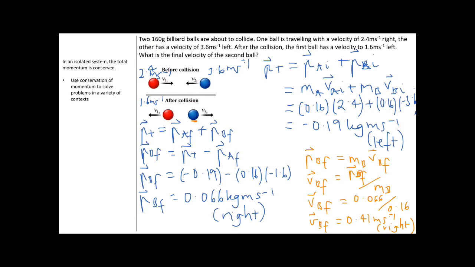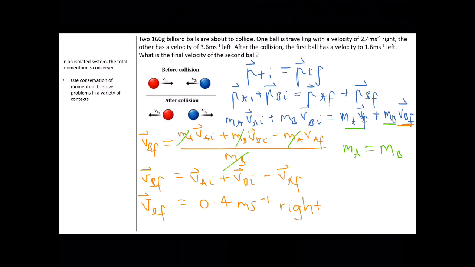We've got 0.41 meters per second here versus 0.4 meters per second. That's because we've cancelled all of our terms out before subbing in our values, and that means that there's less rounding error carried through your working out, basically.